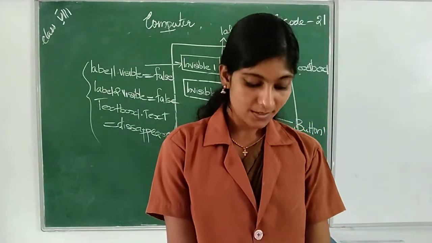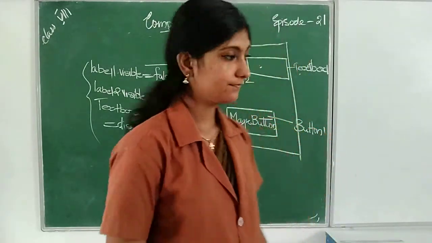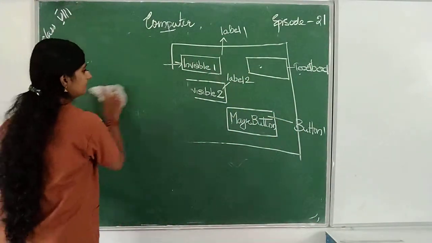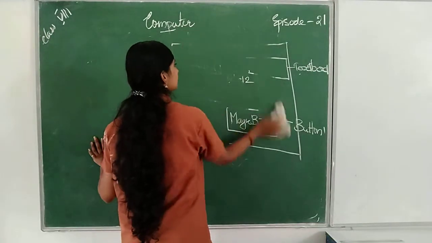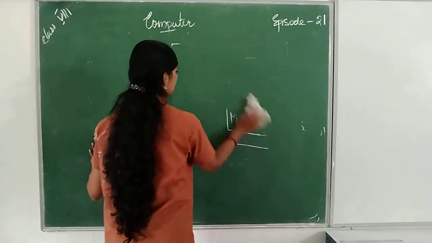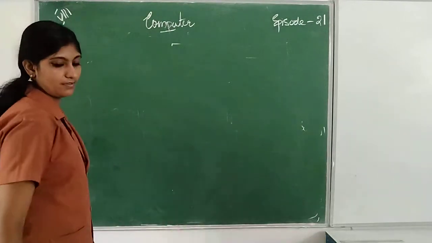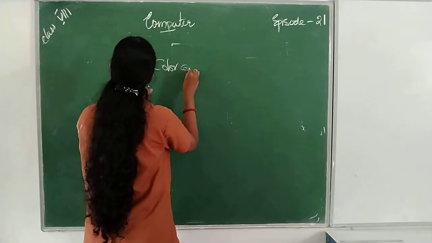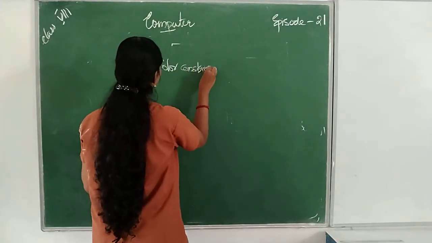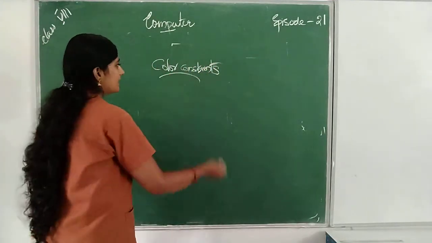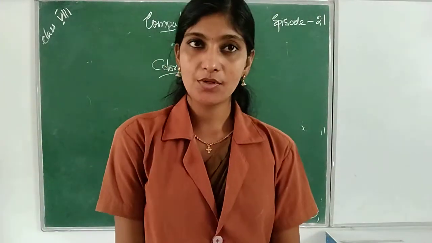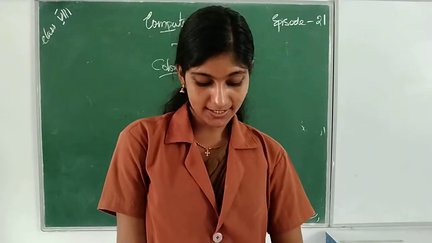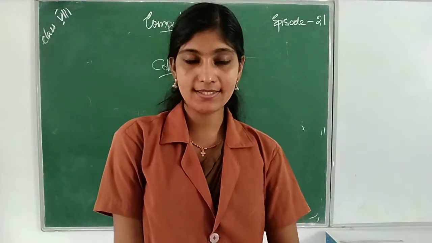So the next topic is color constants. Color constant means in Visual Basic there are more than 100 named colors which you can apply as foreground or background colors to various controls.